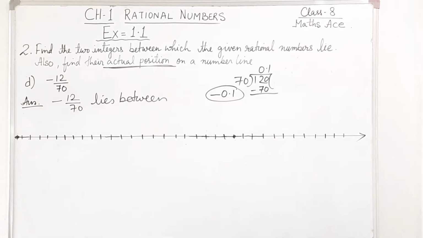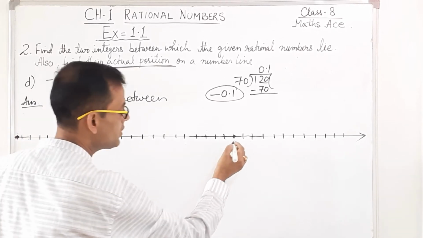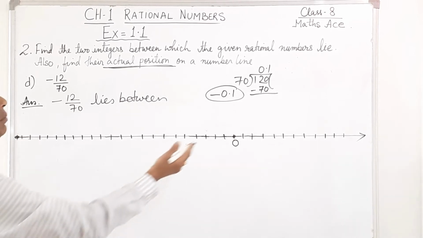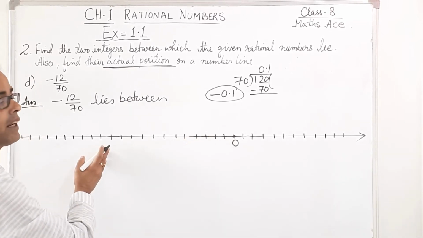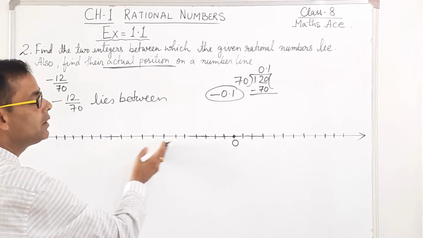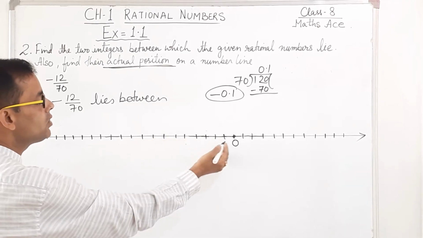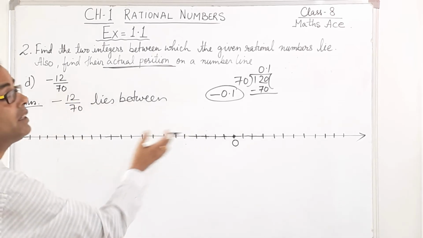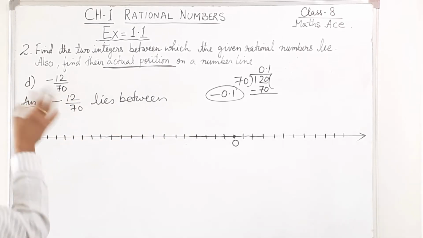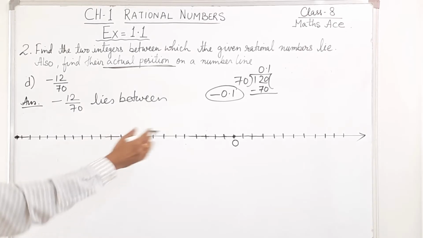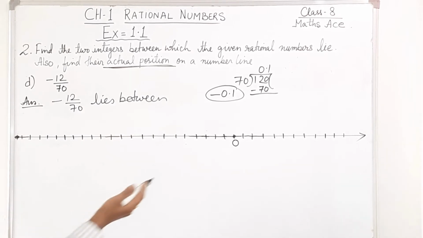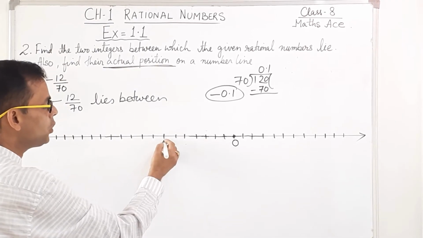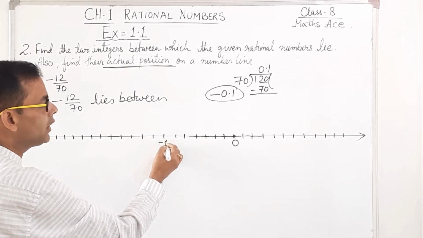So minus 0.1 will lie between where? Suppose here it is 0. The minus moves on the left hand side. Now here downside it is 70, so 70 boxes after that. I don't have space to draw 70 boxes, so just to show you, I will write minus 1 here.